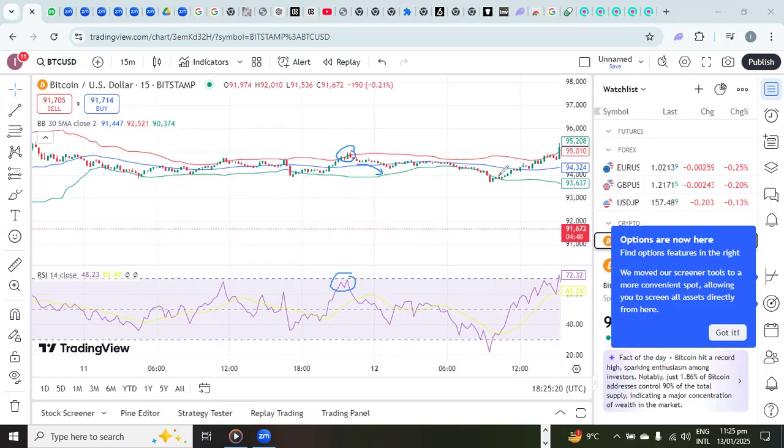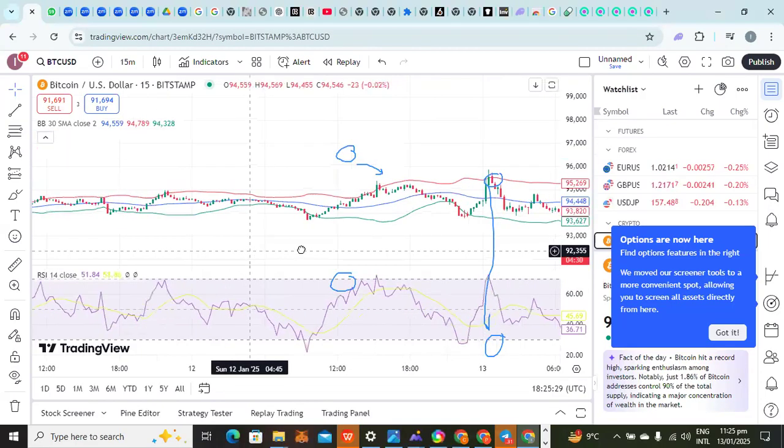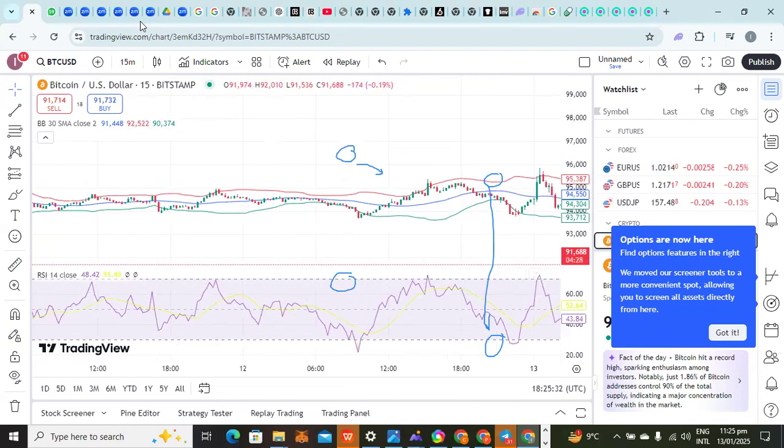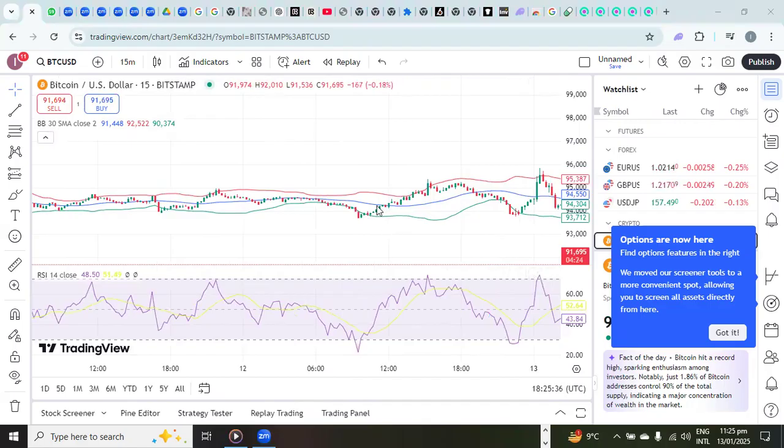But when it's cut the lower Bollinger Band and it's also quite below RSI, then it's quite largely oversold. Let me just cut them again. Yep. So as you can see, the price cut the lower Bollinger Band and simultaneously is cutting the lower RSI too, and we had quite a nice pump.